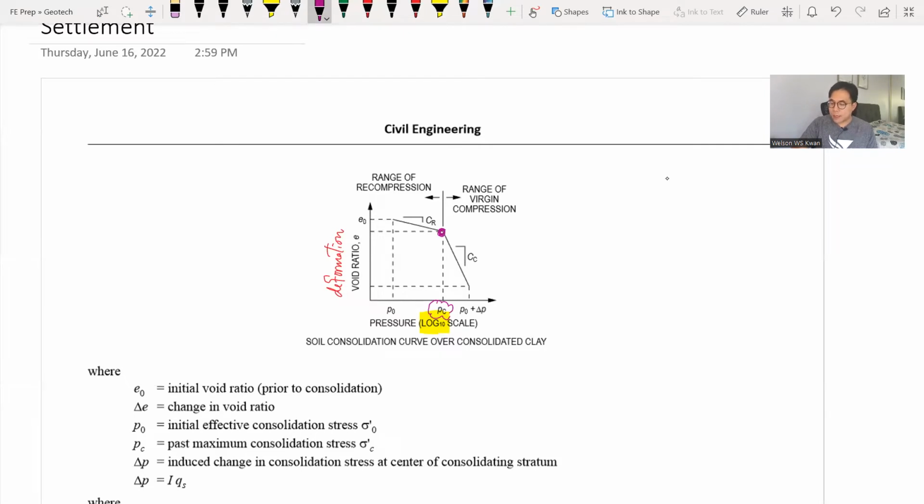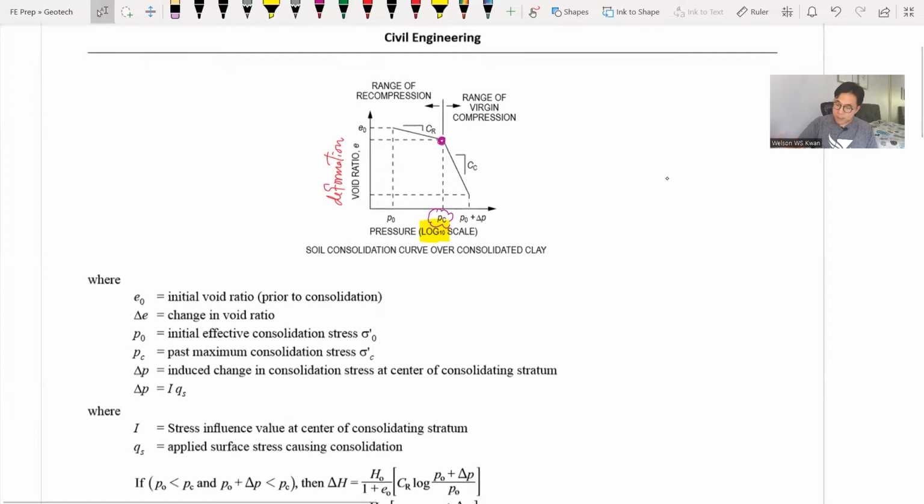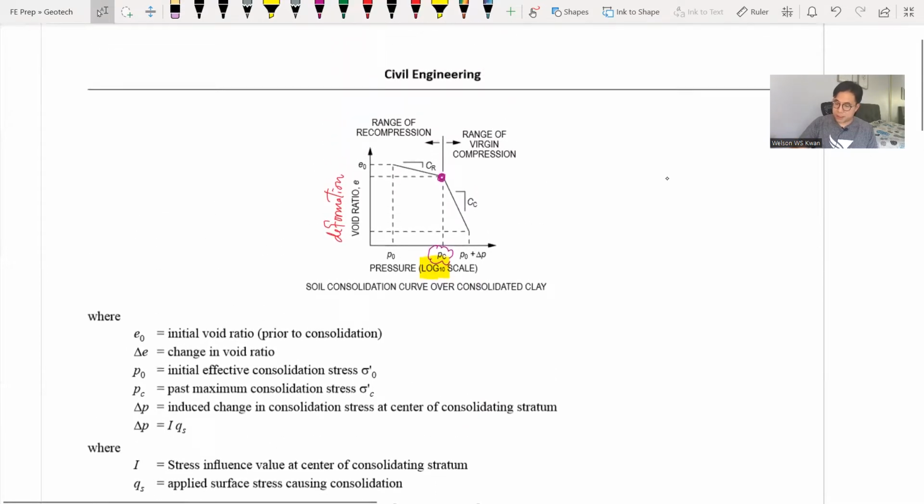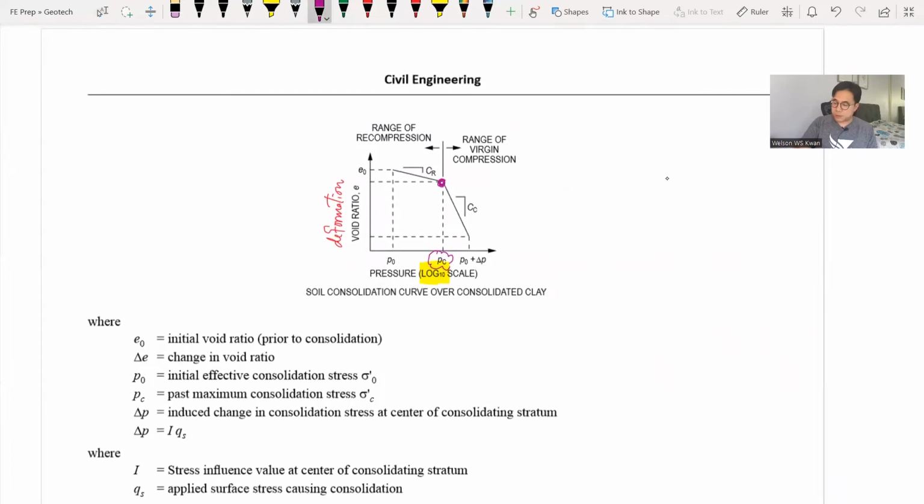One is called the recompression, the other one is called the compression, associated with two different slopes, C sub R or C sub C. So C sub R stands for the recompression index, and C sub C stands for the compression index, which represent the slope of the line right there.